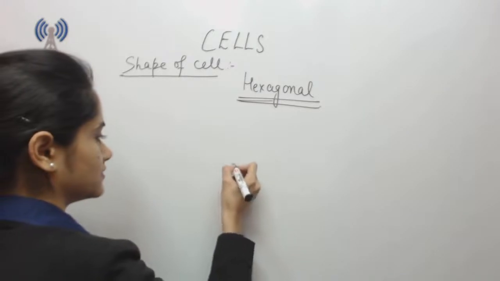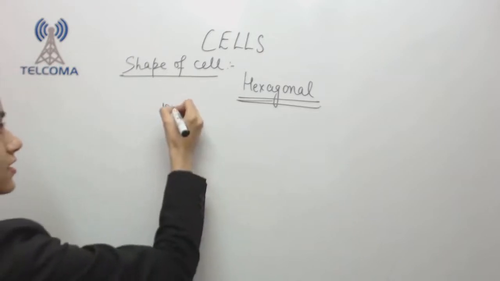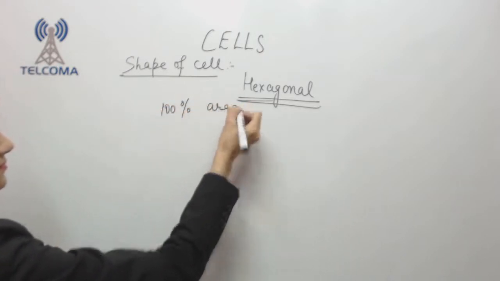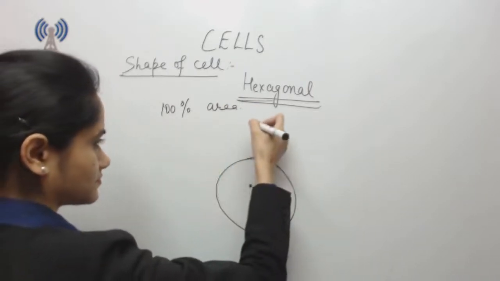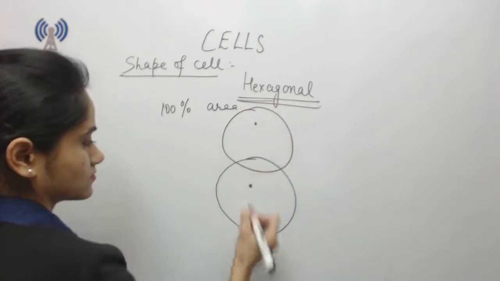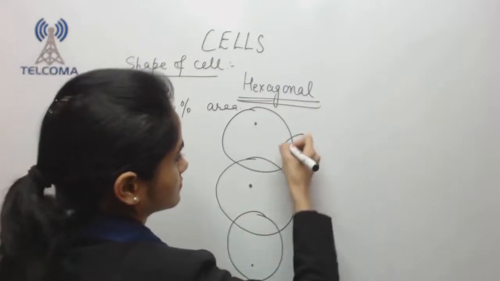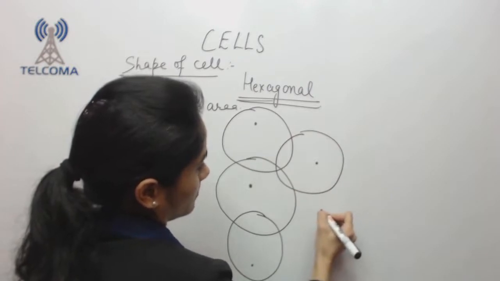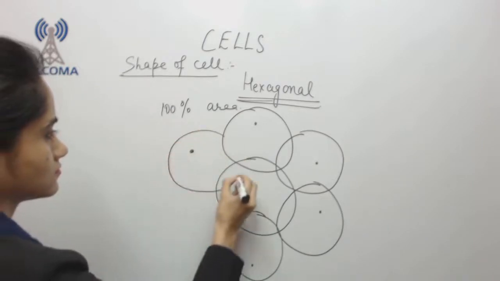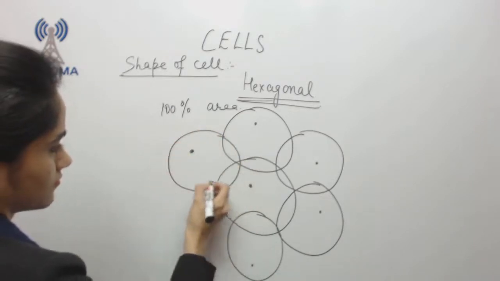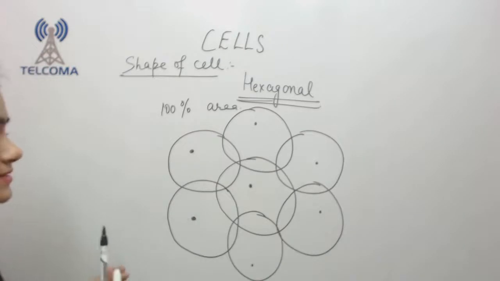Now, how could they have achieved this? Let's suppose we require to cover 100% area. Suppose we have an antenna over here and it will look like this. So this could be the complete area if we want to achieve 100% area.